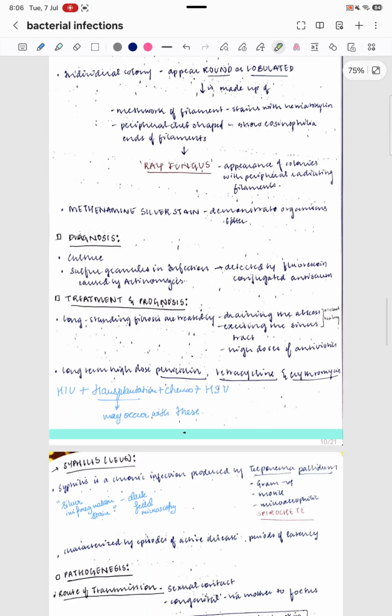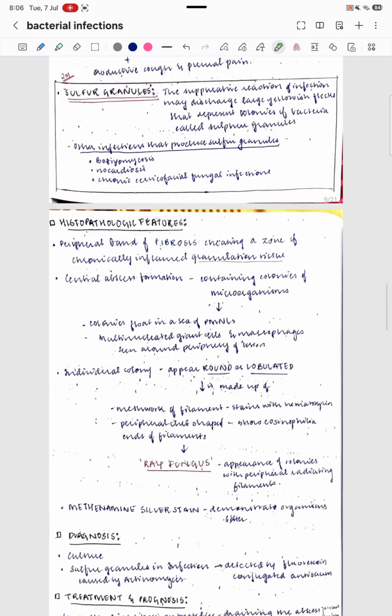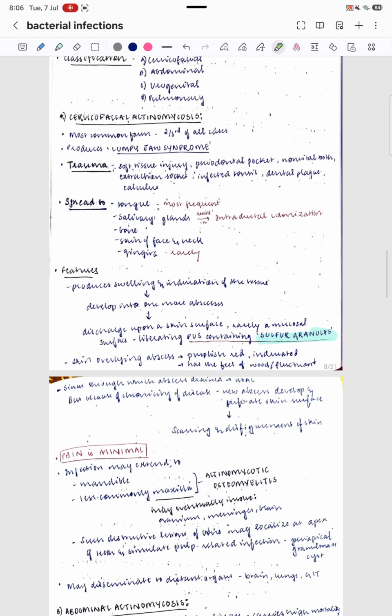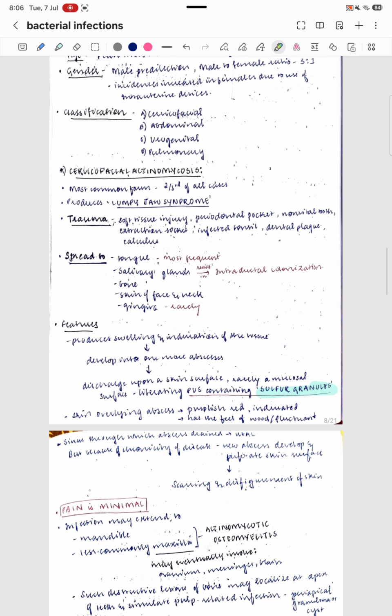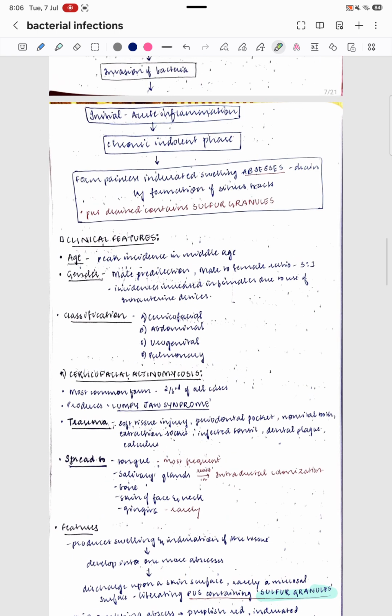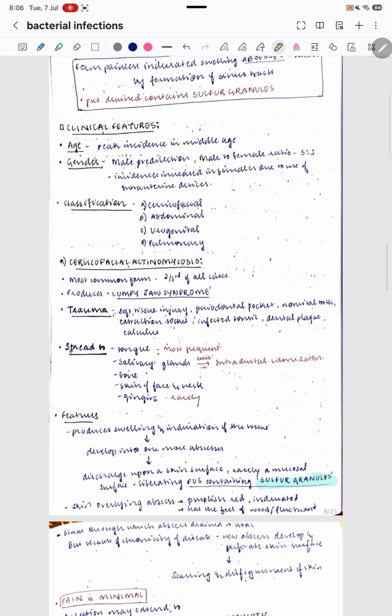If lumpy jaw in cervicofacial actinomycosis is asked for 5 marks, you have to first write the causative organism for lumpy jaw.